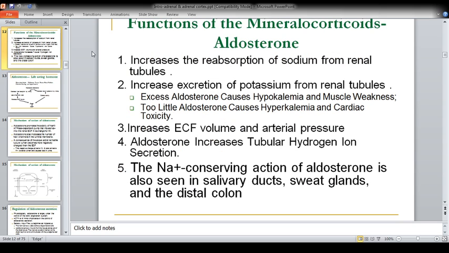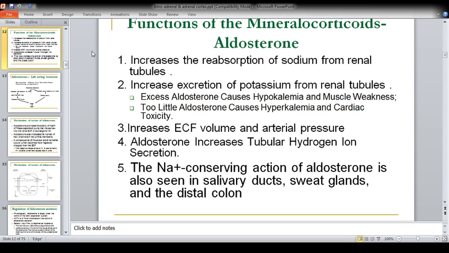When we discuss the functions of mineralocorticoids, we are mainly discussing the functions of aldosterone. So we are talking about aldosterone in general here, but the other mineralocorticoids would also perform the same functions.